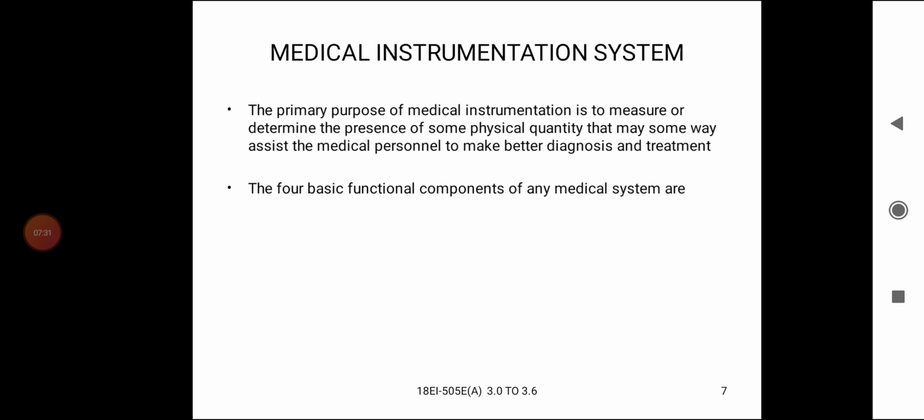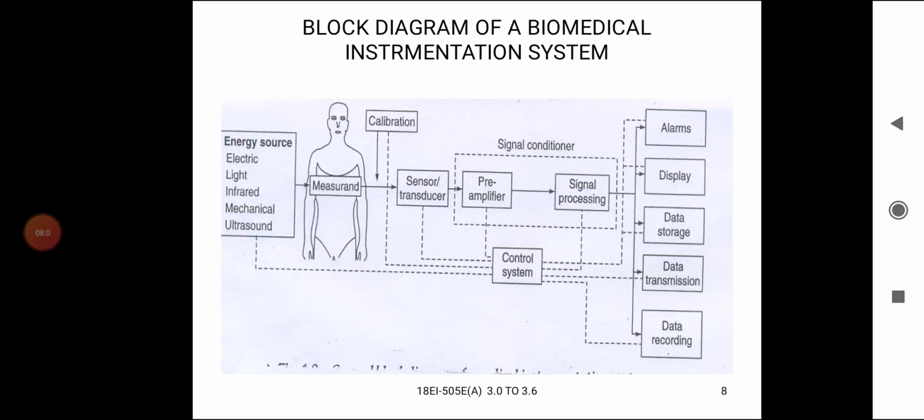The four basic functional components of any medical system are: first, the measurand; second, the transducer; third, the signal conditioner; fourth, the display system.